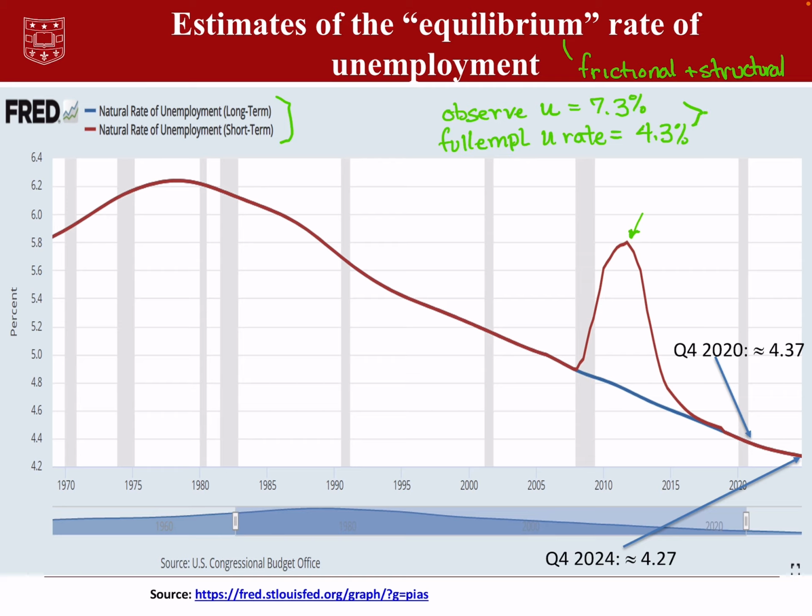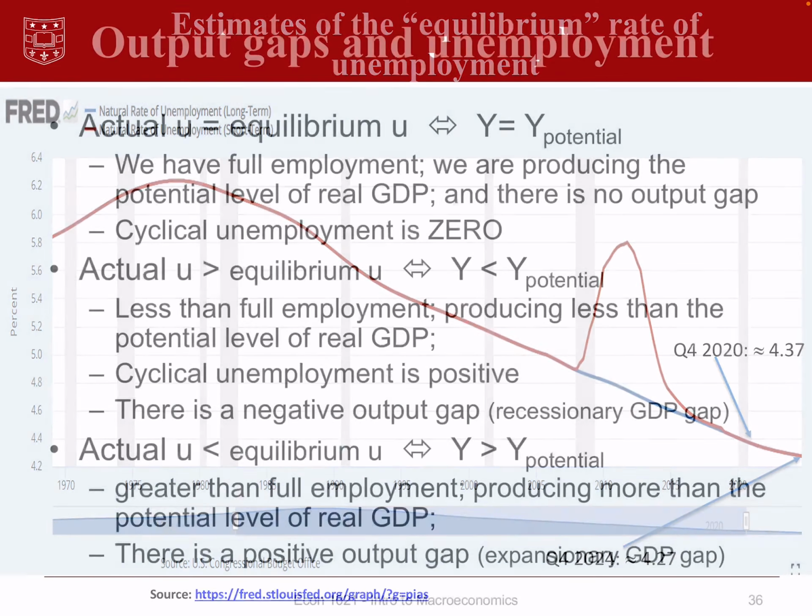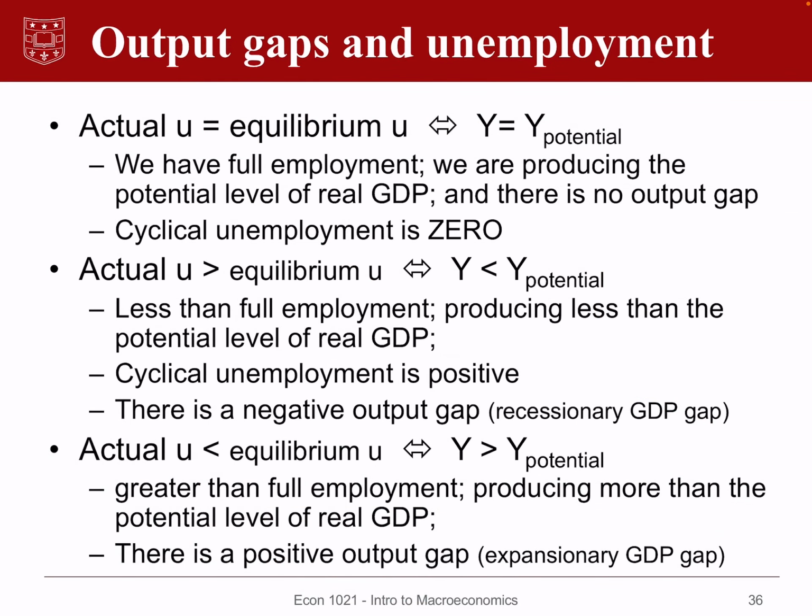What does this tell us? The inference here is that cyclical unemployment, so the unemployment that is due to the fact that we are currently in a recession, is 3%. So 3% cyclical plus frictional and structural combined would give us the observed unemployment rate. And that's what I'm trying to summarize here.